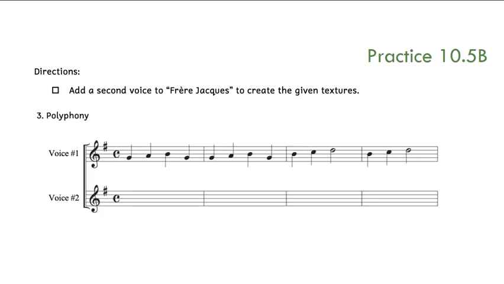Now the last question asks for polyphony. What we're going to do in my example is I'm going to start out with 2 measures of rest. And I'm going to write what's called a canon. So what I'm going to do is I'm going to then rewrite this here so that it's starting 2 measures later.